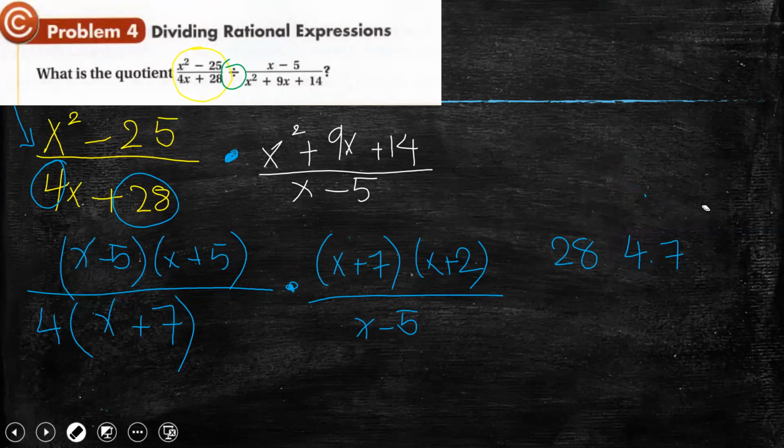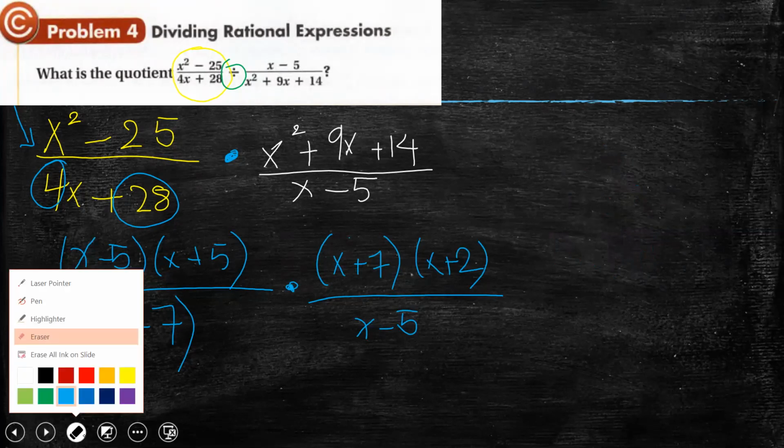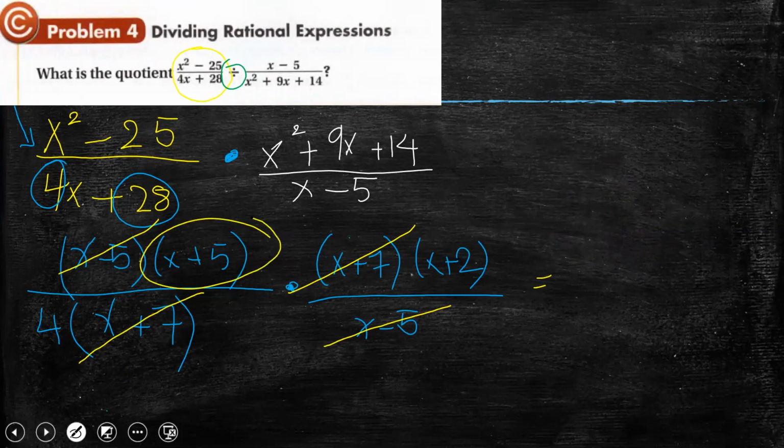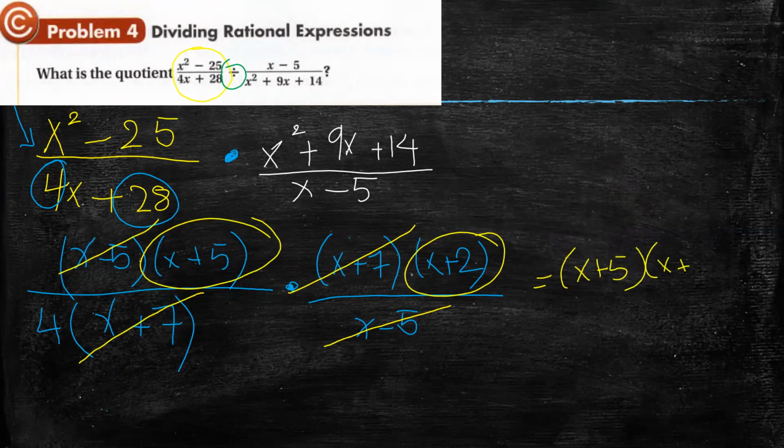After I factorize, I can now simplify x minus 5 with x minus 5, and x plus 7 with x plus 7. So what do we have now? x plus 5 times x plus 2 over 4.